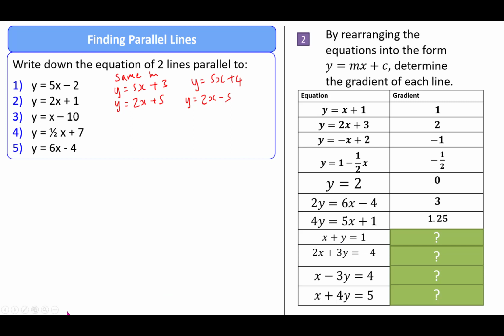Right, I'm going to just explain a few of those quickly. So this one, you've got 2x plus 3y equals minus 4. So I want to minus 2x on both sides.